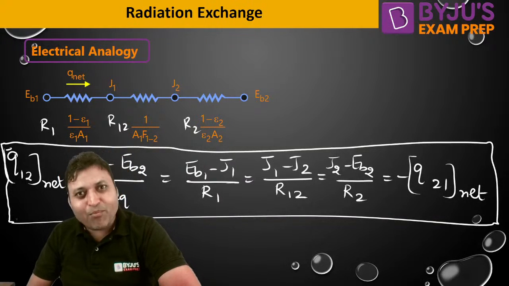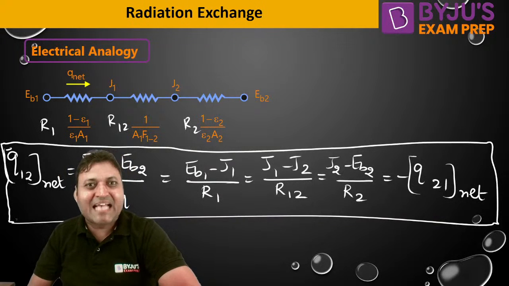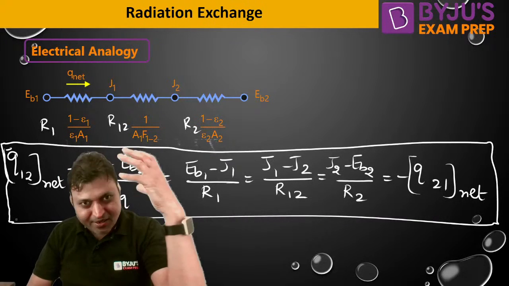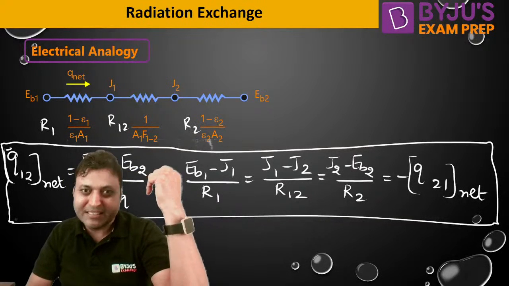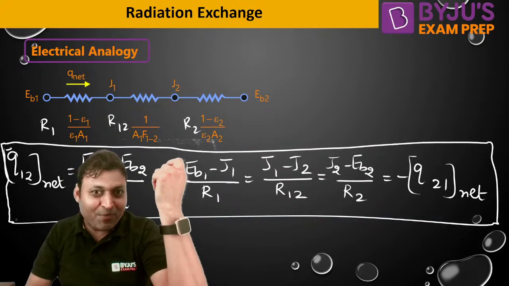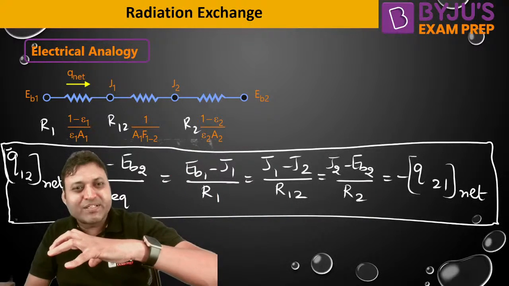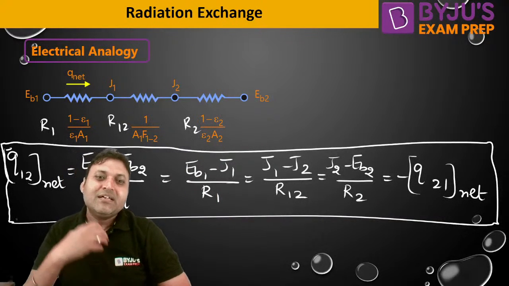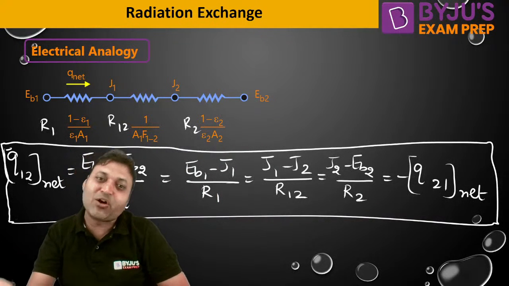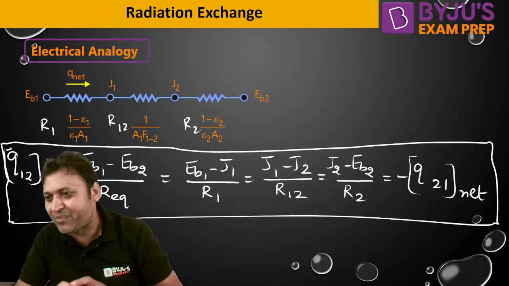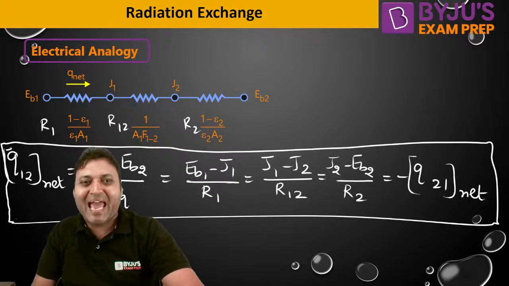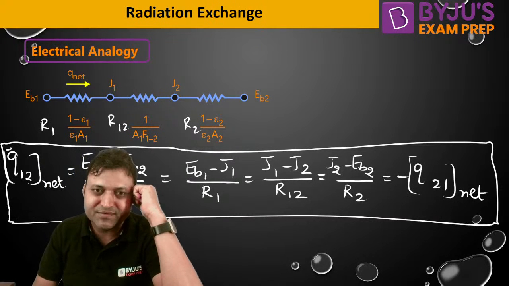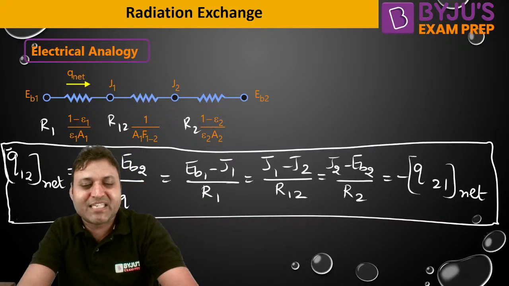So the non-black body can always be treated as a black body. It was actually emitting EB amount of radiation, sigma T to the power 4. But because of a cover outside to make it a non-black body, the radiation emitted is lesser because of the surface resistance developed. I hope it is clear, Madhu. That is how the non-black body can be analyzed: a black body with a covering, and the covering provides a surface resistance.